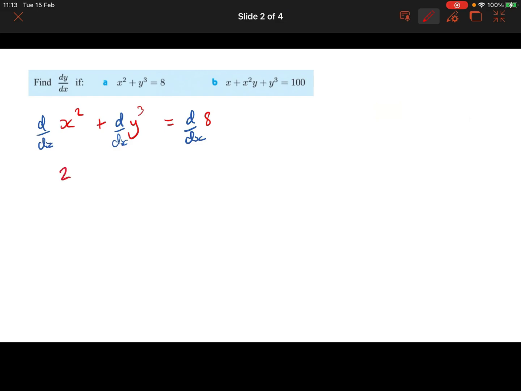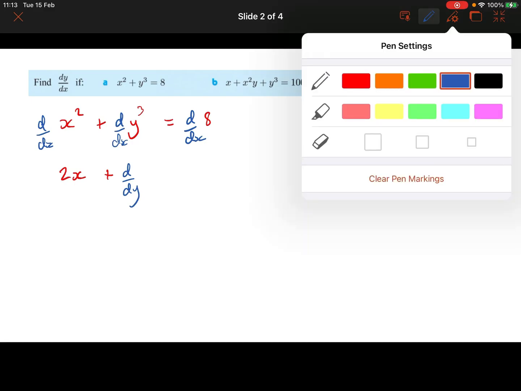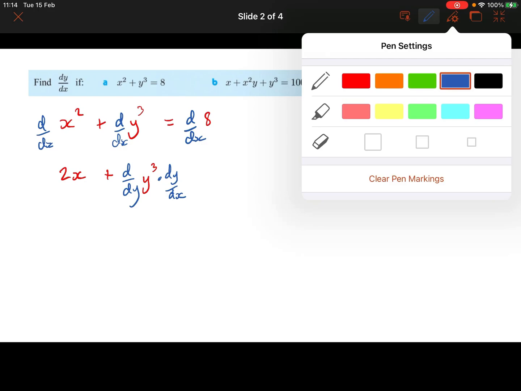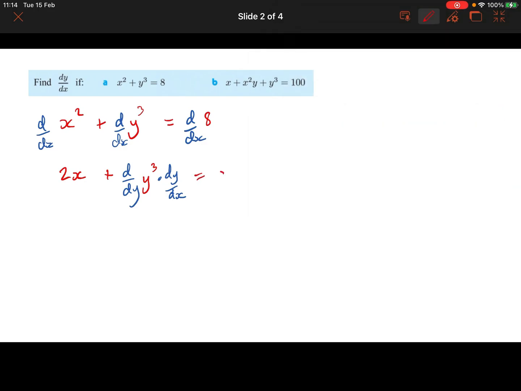We're going to get 2x, because that's in x, that's fine. What we're going to do is instead differentiate with respect to y cubed, and then multiply that, use the chain rule, by dy dx. And then the next bit is easy, that just becomes 0 because it's a constant.